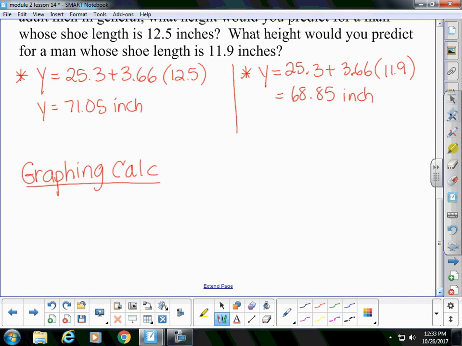So on the graphing calculator, the first thing you do is click Stat, and that takes you to where you're going to be putting the numbers in. You do Stat, and then Edit, which is number 1, or it'll already be highlighted, so Stat, Edit, Enter. And then put your numbers in list 1 and list 2.